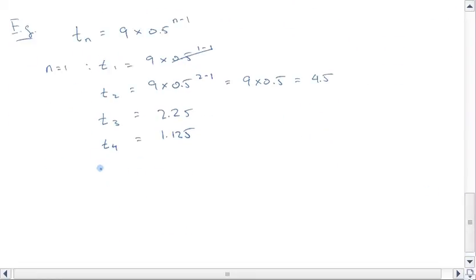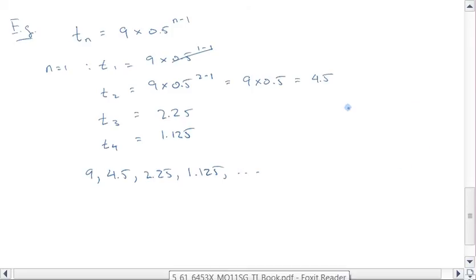So basically we're going to have a sequence that looks like this. The first term was 9, the second term is 4.5, the third term is 2.25, the fourth term is 1.125, right? And the numbers are going to keep getting smaller and smaller. If you guys can remember all the way back a few weeks ago when we talked about the logistic equation, we talked about how some sequences converge and some sequences diverge.